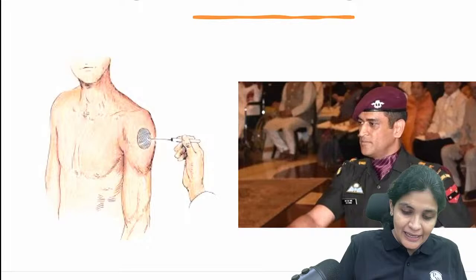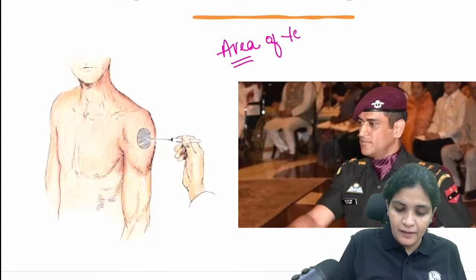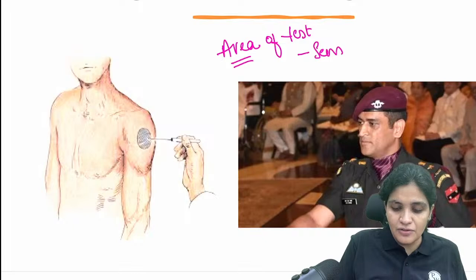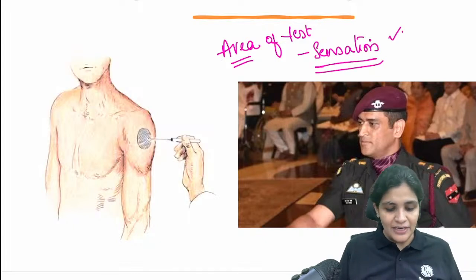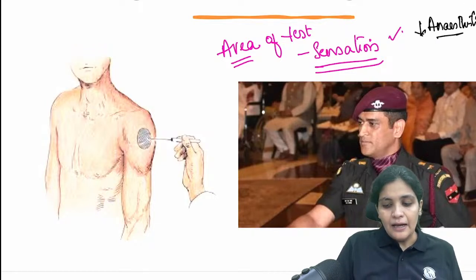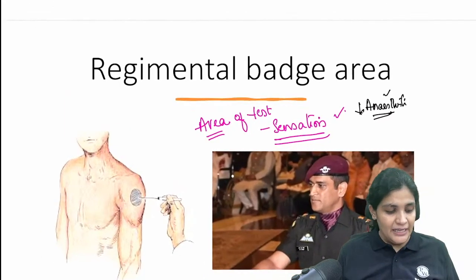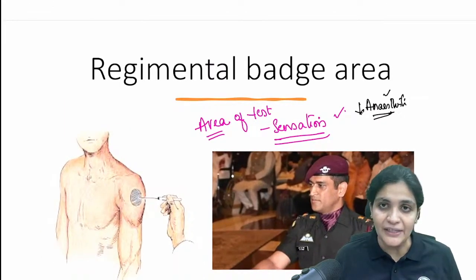So this is the area where you have to test for the sensations, right? Whenever you test the sensation, it will be decreased. So it will be hypoesthetic or anesthetic in this particular area. So this is called the regimental badge area, and it is very, very specific for the axillary nerve.